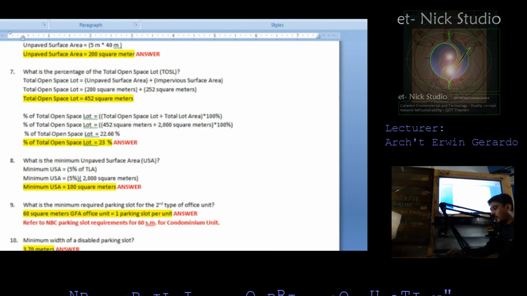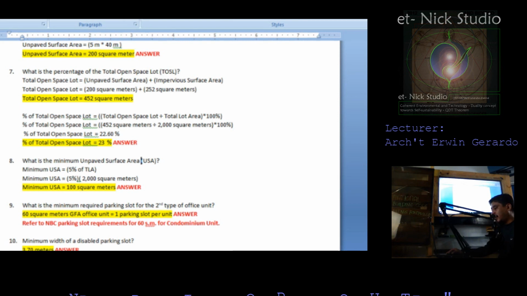Now, what is the minimum required parking slot for a second type of office unit having a 60 square meters? So meaning the 60 square meter gross floor area of the office unit. If you're going to look at our National Building Code for the parking requirement, it is indicated that there is only one parking slot per unit.